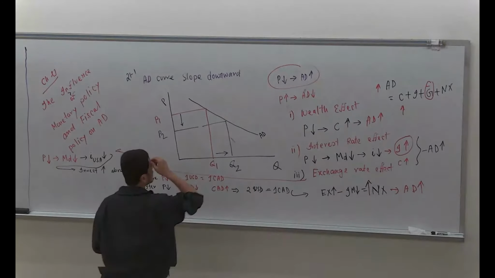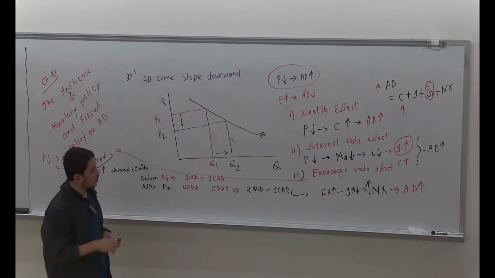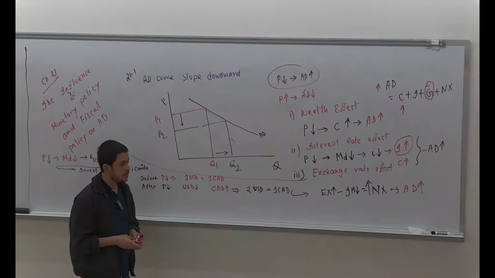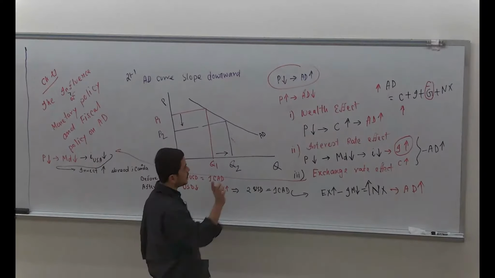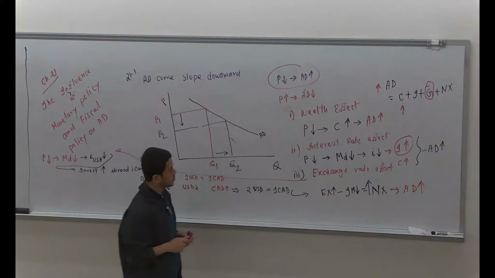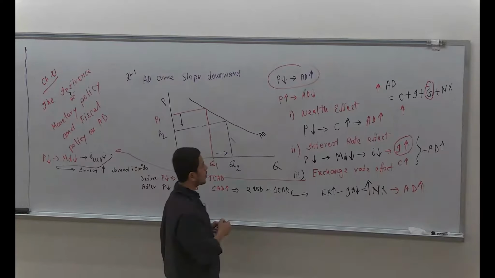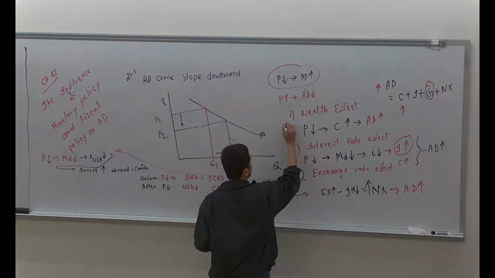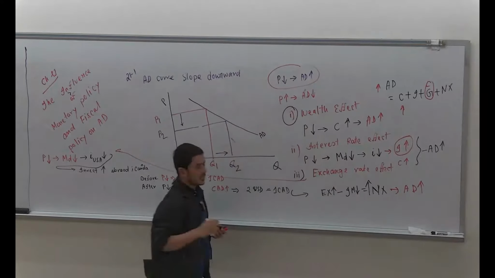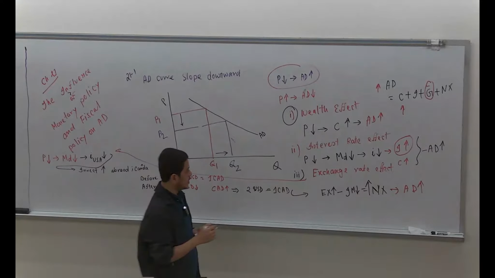So these are the three explanations for why, when the price level falls, the quantity demanded of goods and services increases: the wealth, interest rate, and exchange rate effects. Which one is most important for the United States? First of all, the wealth effect doesn't have a lot of effect because people don't hold a lot of money.